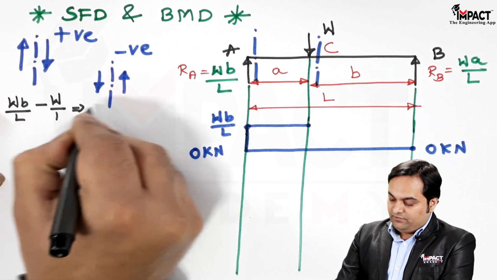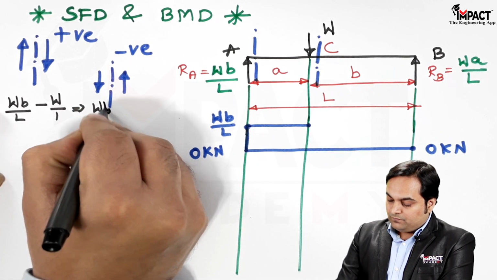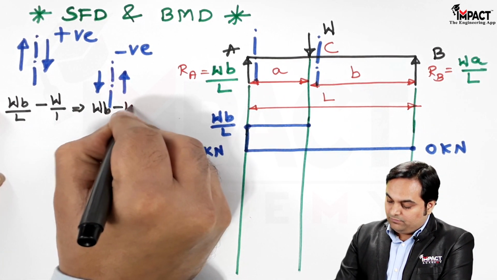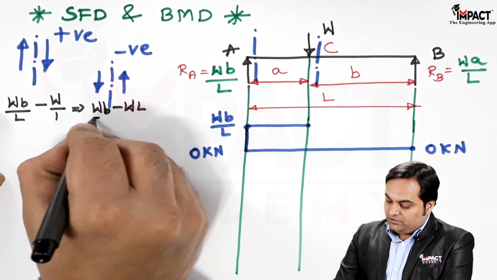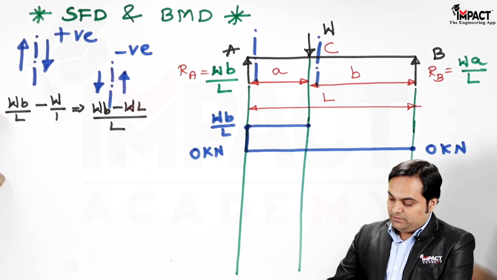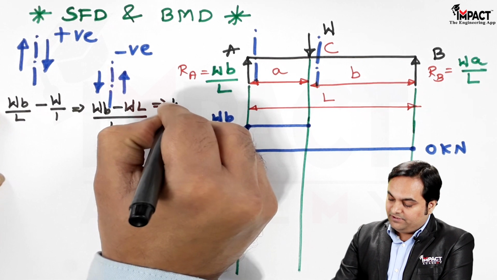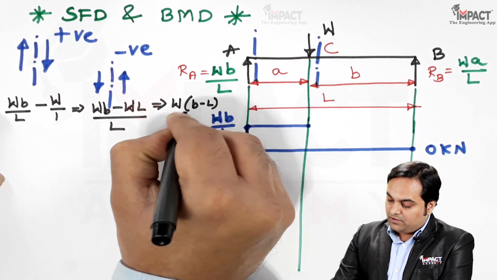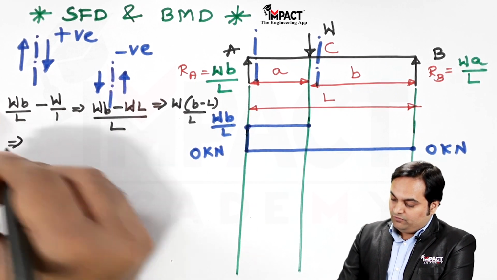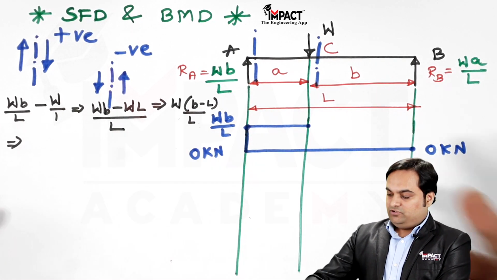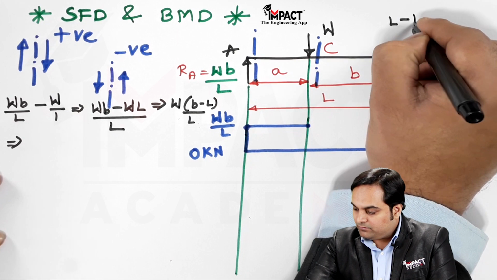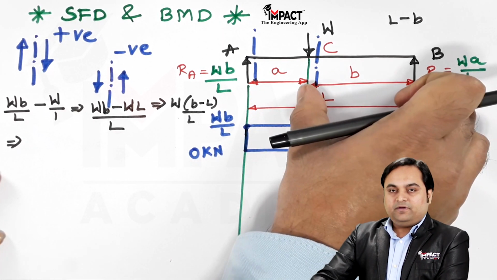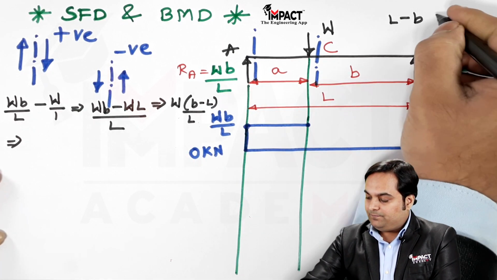Now when I solve this, we have Wb by L minus W, that is Wb minus WL, divided by L. Therefore W can be taken as common, and we have W times (b minus L) upon L. Now b minus L: if L minus b, from L if we subtract b, it means it is a.